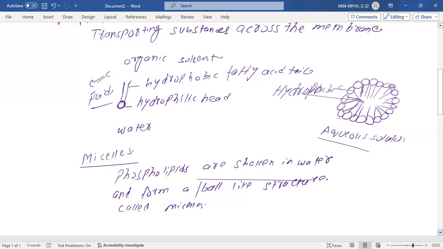Why is this micelle formed here? This micelle is formed because these tails are avoiding exposure to water. These tails don't want to be exposed to water because they are water-hating. They have a hydrophobic nature.